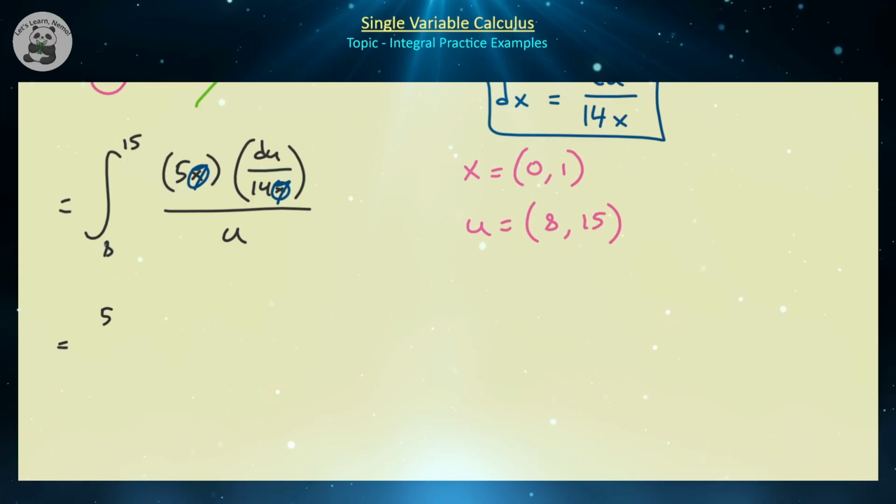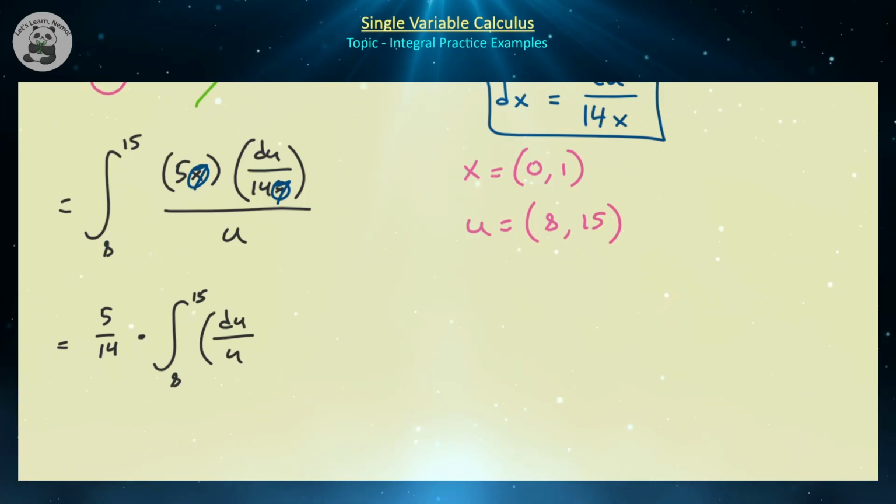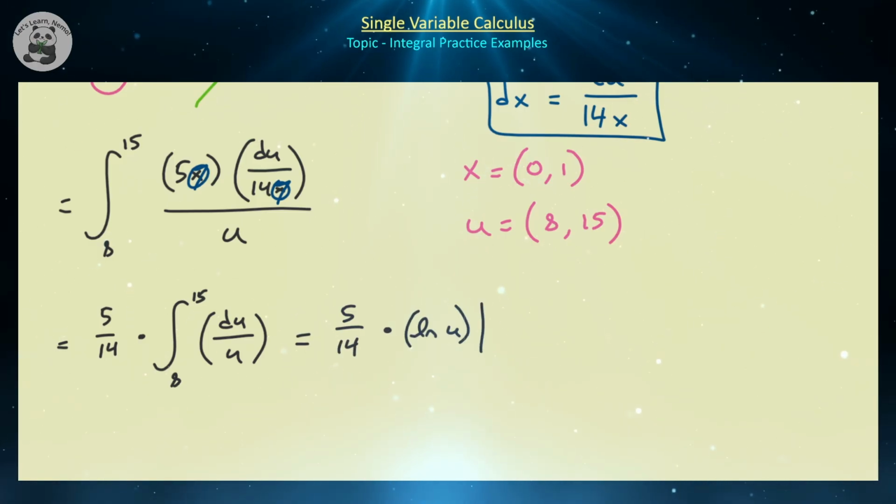So we're going to have 5/14 times the integral from 8 to 15 of du over u, which is the natural log function. So that's going to be equal to 5/14 times the natural log of u, and we need to evaluate this as u goes to 15 and as u goes to 8.